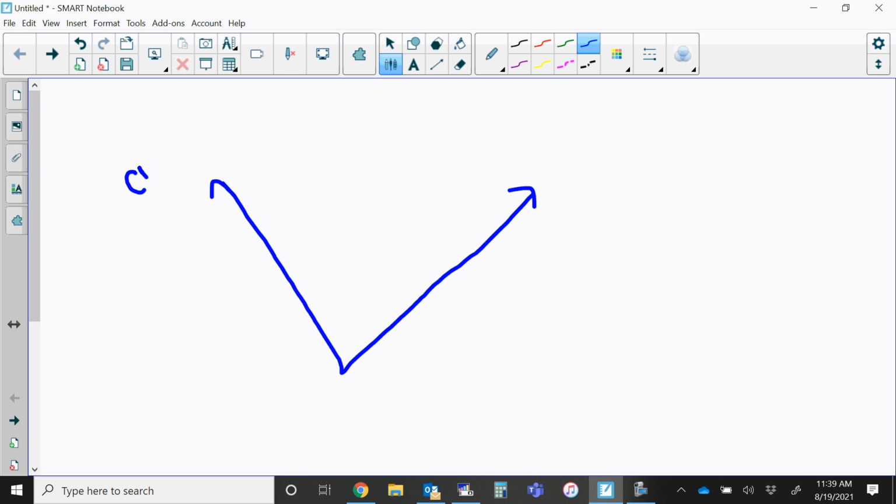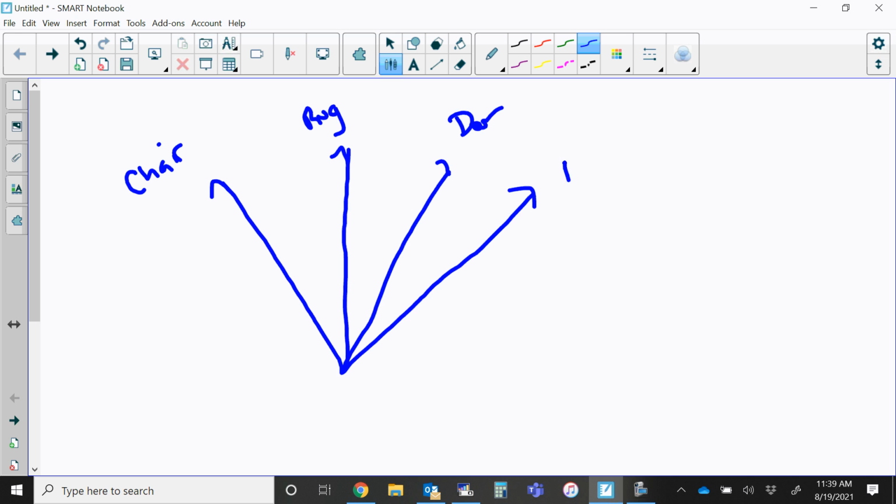This is a chair. This is a rug that needs to reach. And then there's a door it needs to reach. And then there's a table over here.